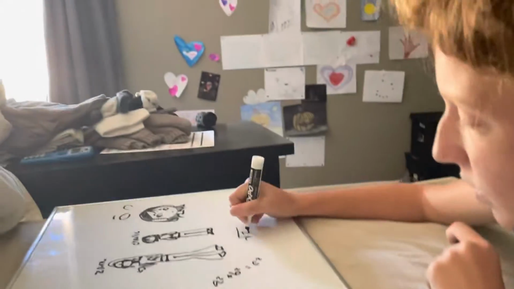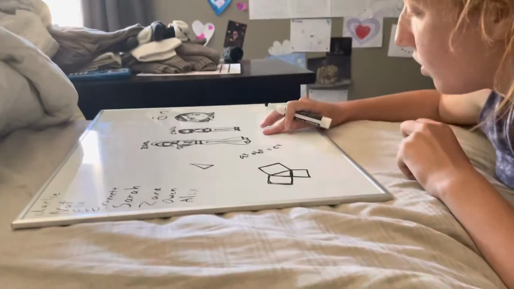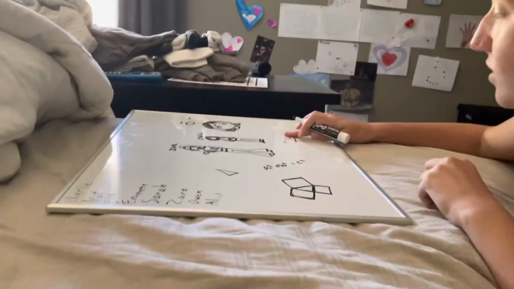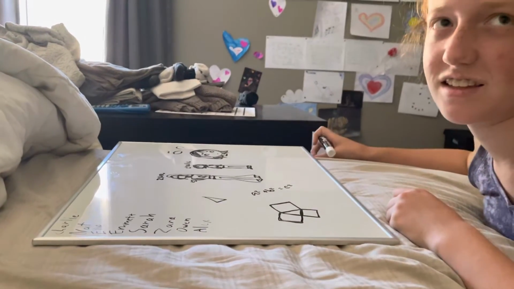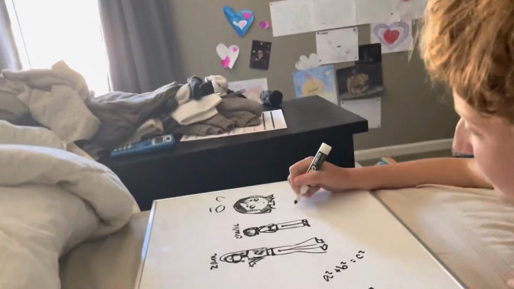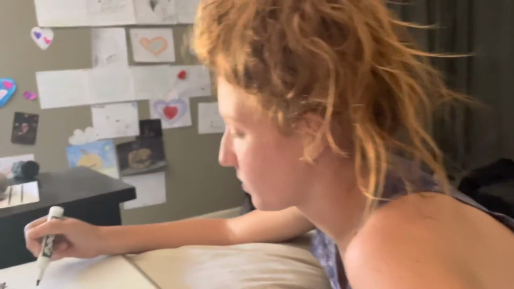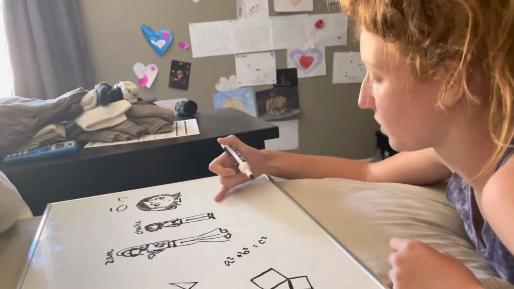Also, they found out that the square root of 2 was irrational. Do you want me to explain it? Sure. Okay. Well, the Pythagoreans thought that every number can be expressed as a fraction, and that made up the entire number system.